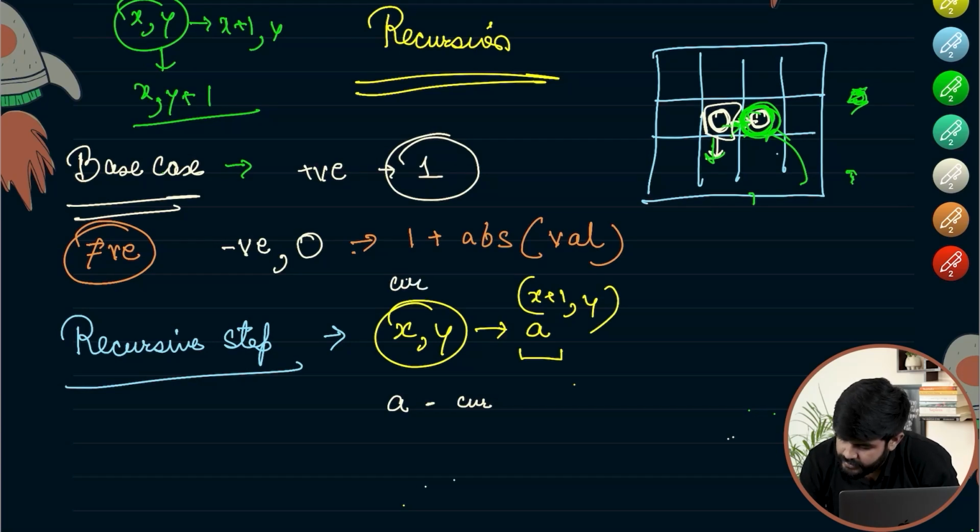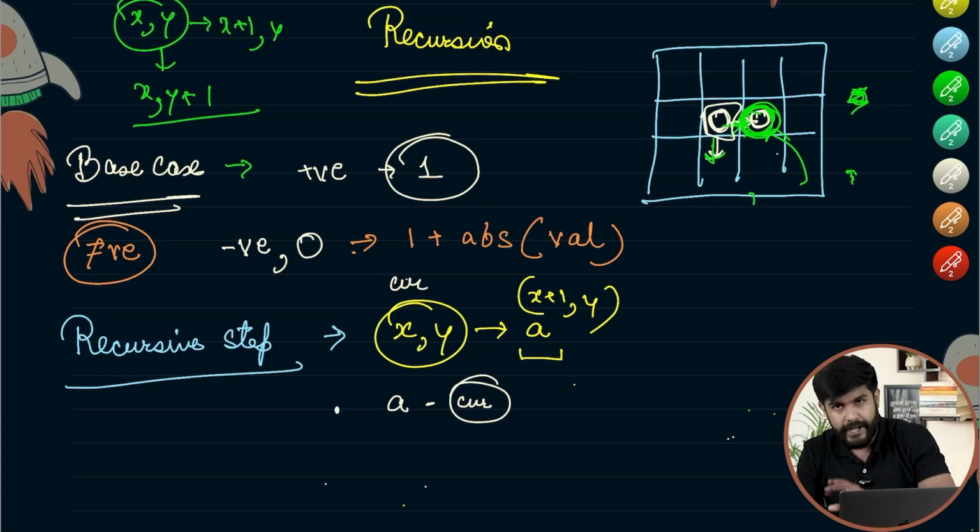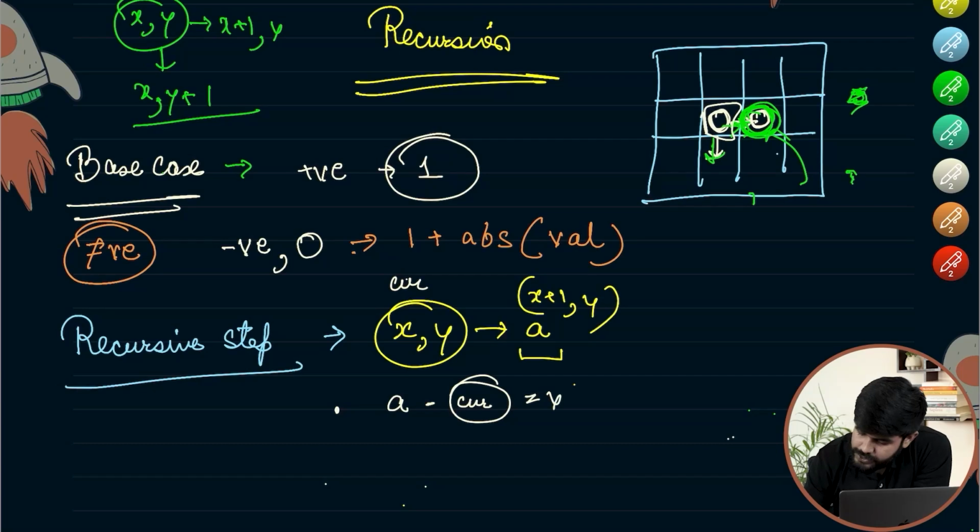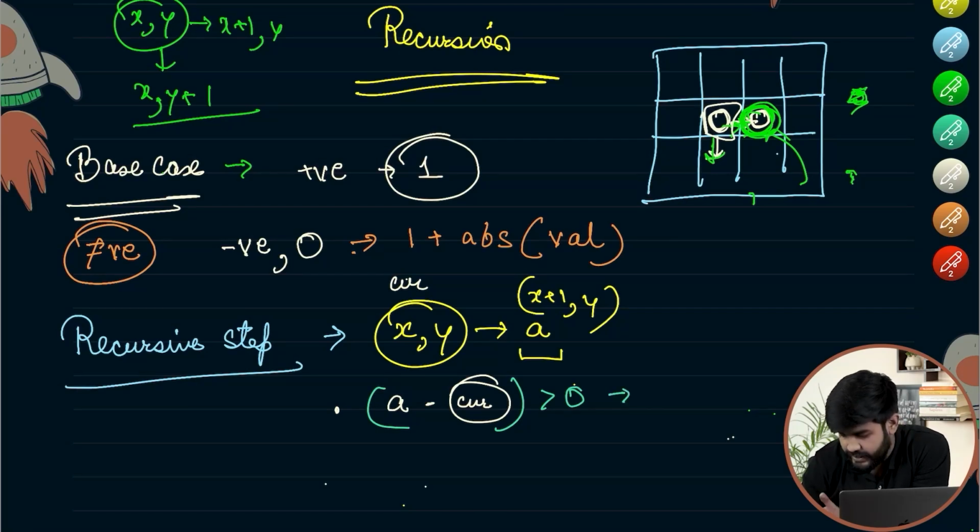Current is this one, the current value. Okay. I would explain it, just take it as a variable. If this value is equal to V, and if this value is greater than 0, then take this value, accept.